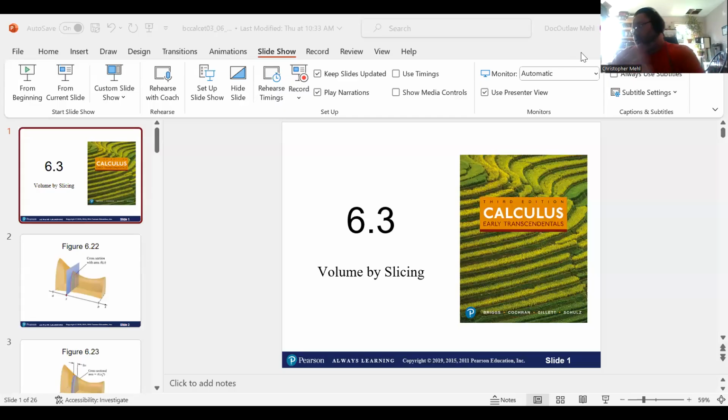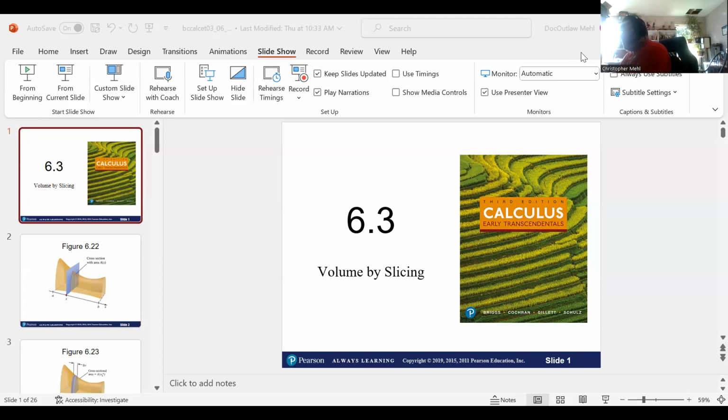The first couple of sections of applications of integration were on rates: finding regions between curves, first of all, and then velocity and net change. That's where we leave off.